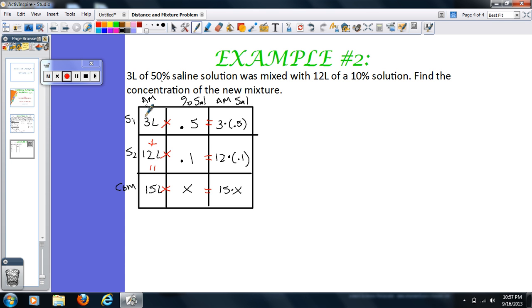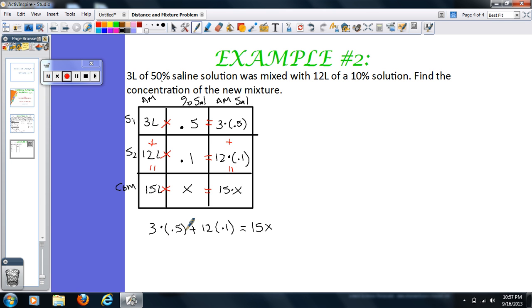Now we fill in these boxes, and it's this box plus this box equals the bottom box. So my equation is 3 times 0.5 plus 12 times 0.1 equals 15x.